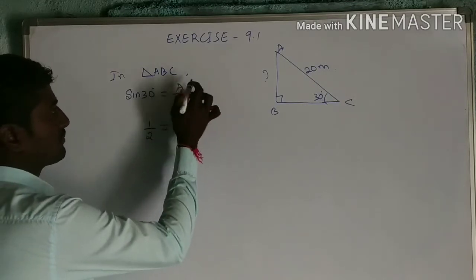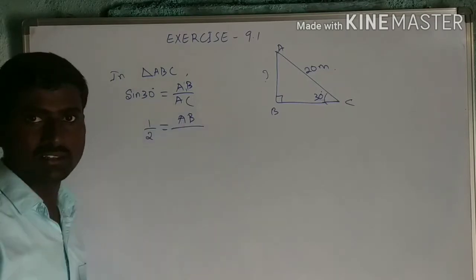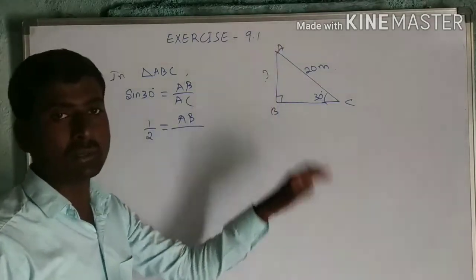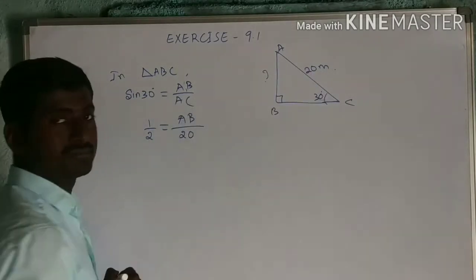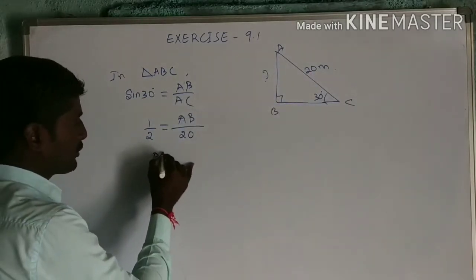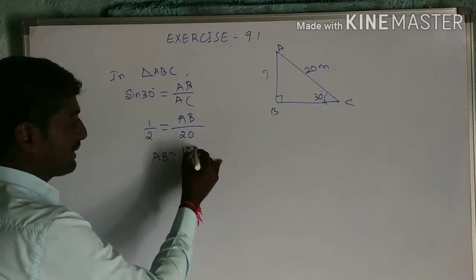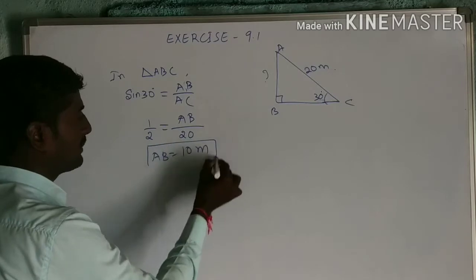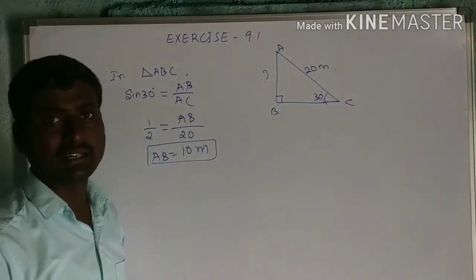AB I am going to find, that is the height of the pole. AC is given, 20 meter. Now AB is equal to 20 divided by 2. I'll get it as 10 meter. So I got the height of the pole is 10 meter.